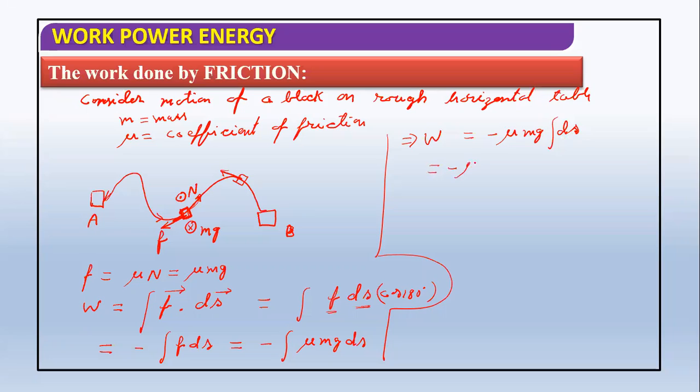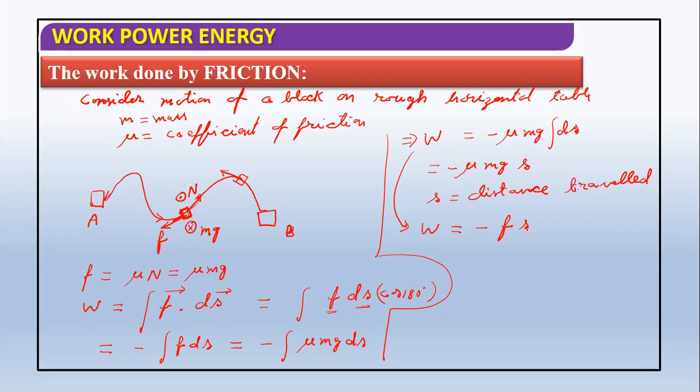So we will write mu mg into s, where s is the distance traveled, not the displacement. The same thing we can write as the work equal to the magnitude of friction into the distance traveled. No displacement is there, only distance.